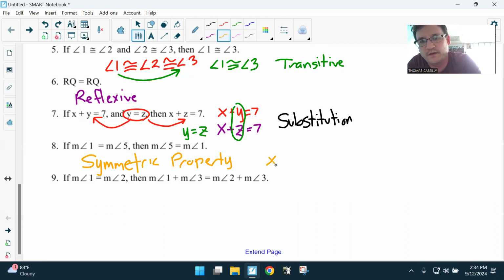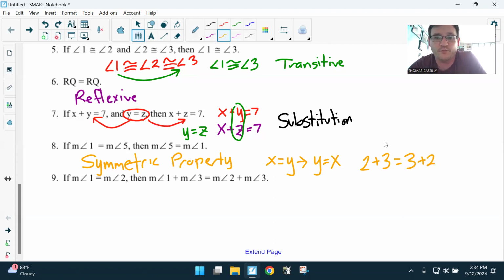So I could say x equals y is the same thing as saying y equals x. Or I could say 2 plus 3 is the same thing as saying 3 plus 2. If something has the symmetric property, it doesn't matter what order you write them. That's essentially what it says. And the last one here is the addition property.